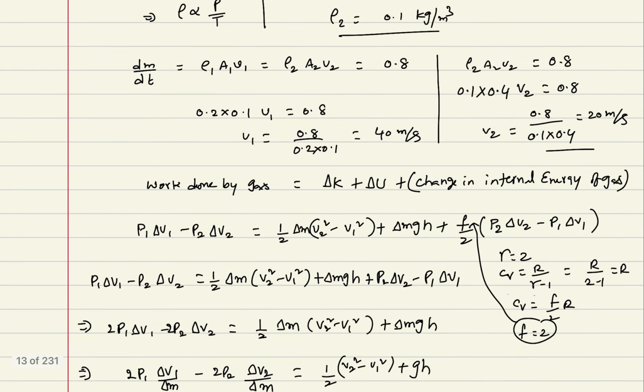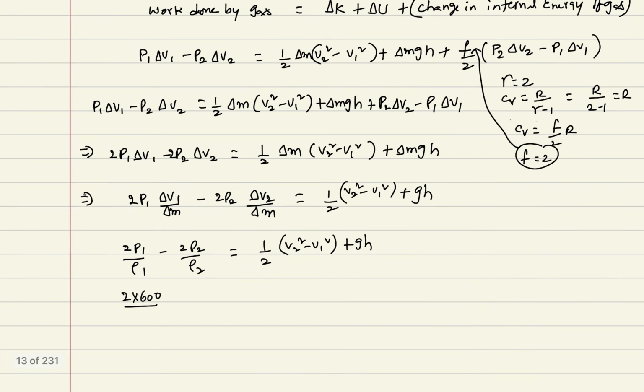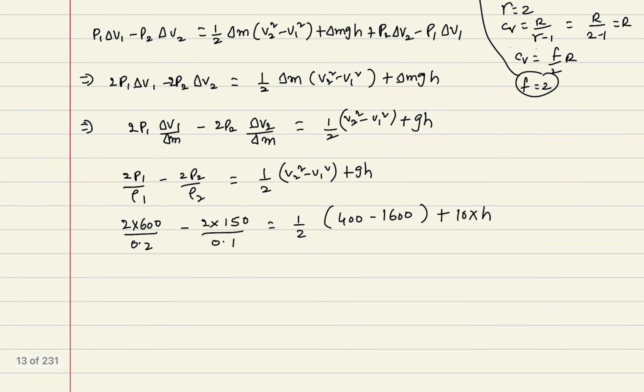2P1 value is 2 into 600 divided by rho 1 value, which is 0.2, minus 2 into P2 value 150 divided by 0.1, is equal to half into V2 square, V2 square is 20 square, V1 square is 40 square, 1600, plus g is 10 into h.